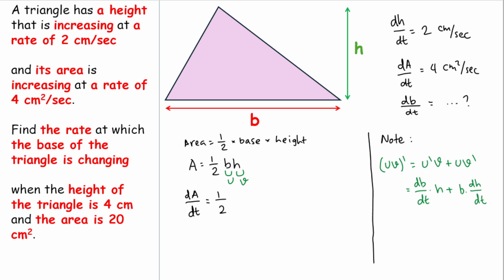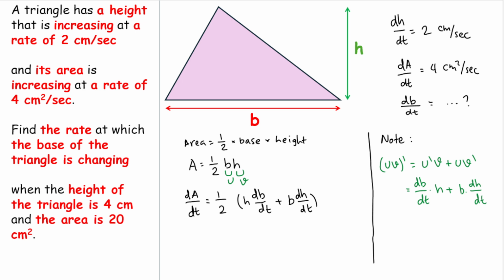So we can just plug that into this. So we will have h dB/dt. I write it like that because it is commutative, right? And then plus b dh/dt.